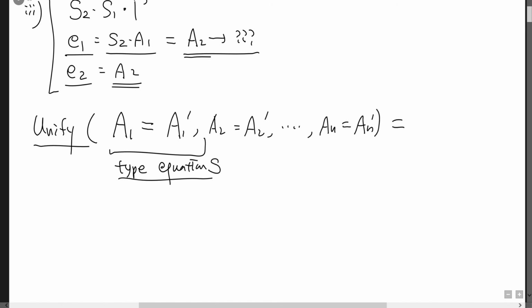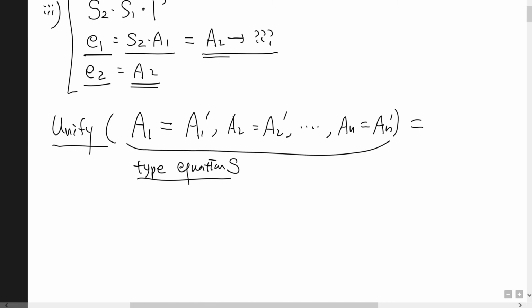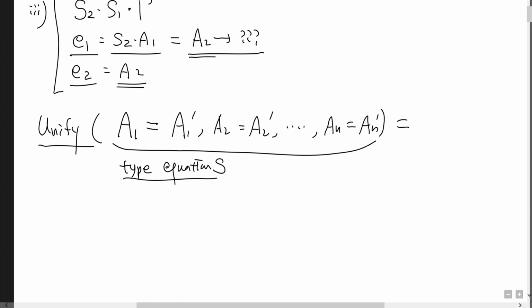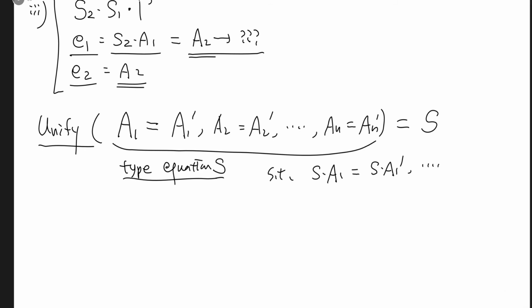It analyzes this set and produces a type substitution S such that S applied to A1 is precisely S applied to A1 prime, and so on. Let's see a few examples which will clarify the whole idea.